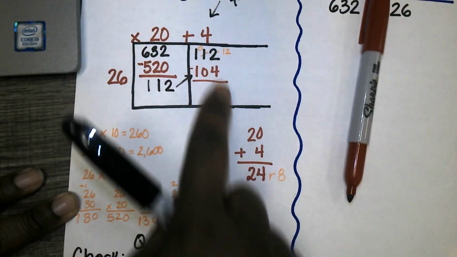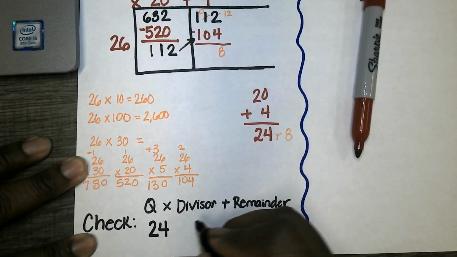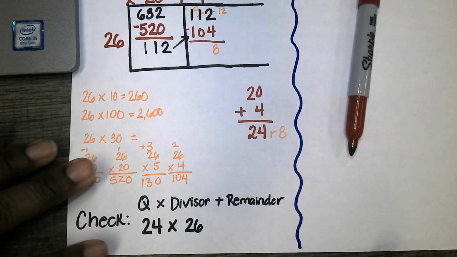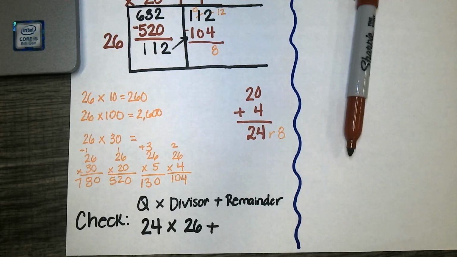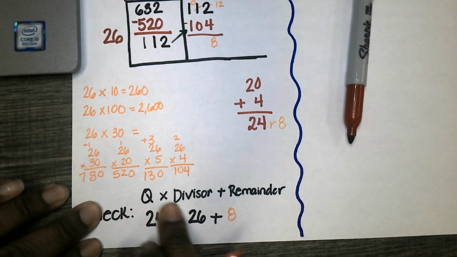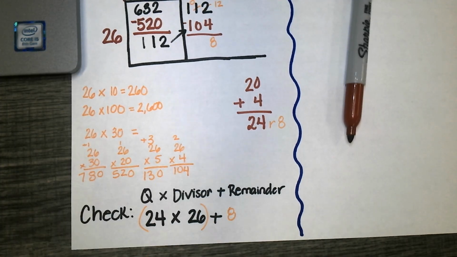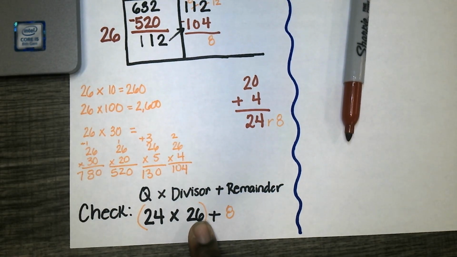Our quotient, once we added it, was 24, and we multiply that times 26, and we do have a remainder plus remainder of 8. Okay, and I'm already teaching them how to group this off. So we're going to group those two together because what's coming ahead is going to be order of operations. And so that will be how you do that part.